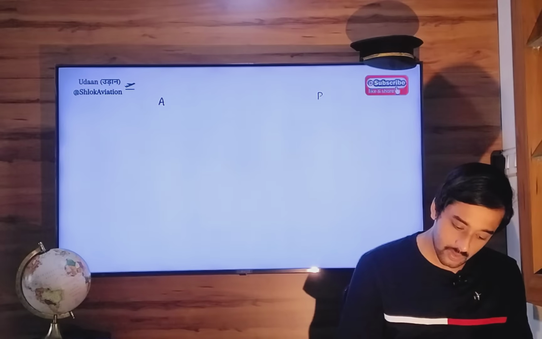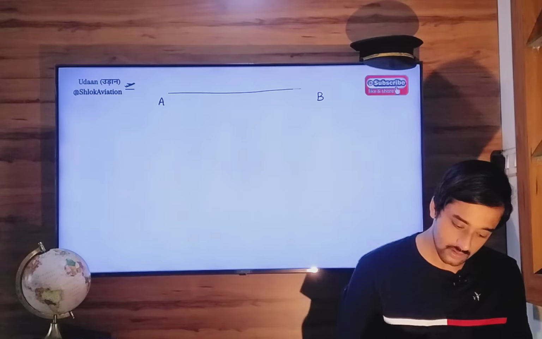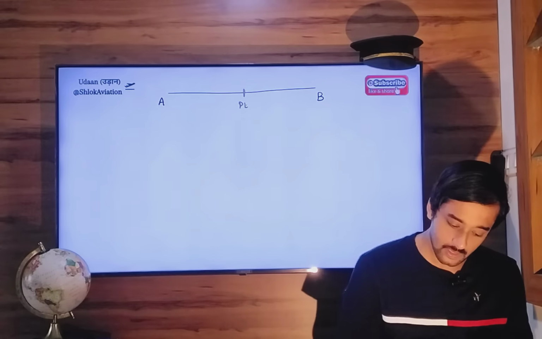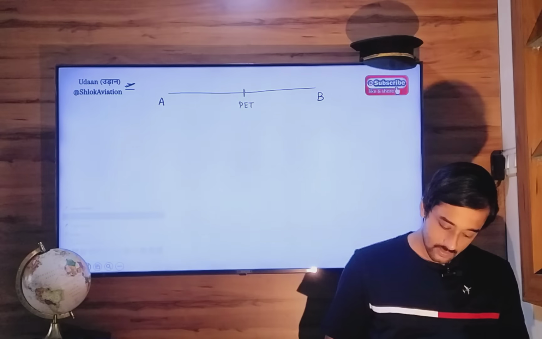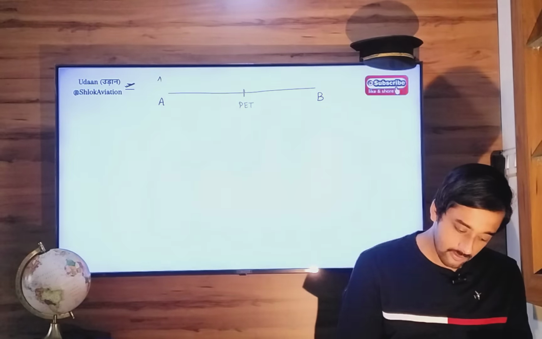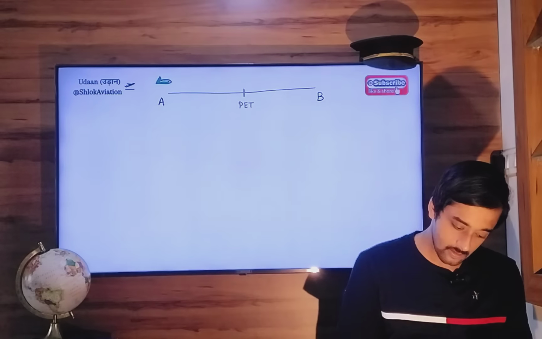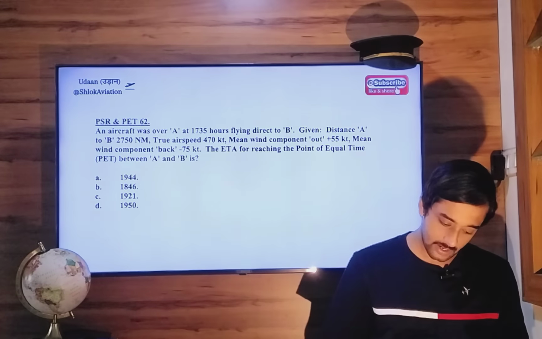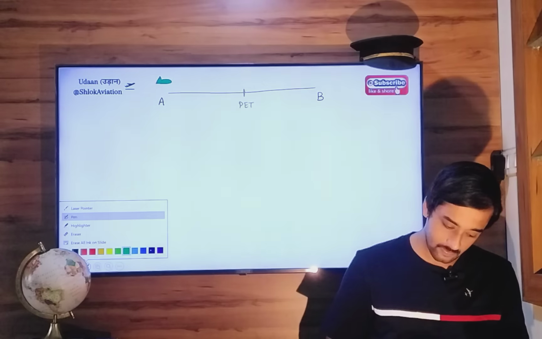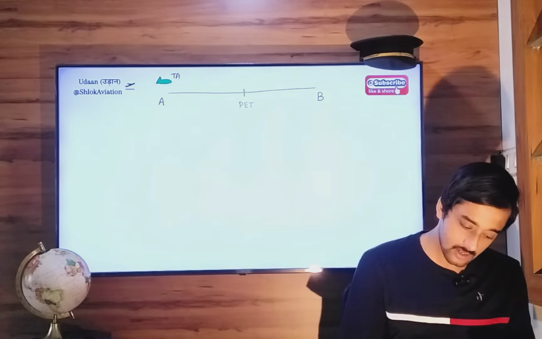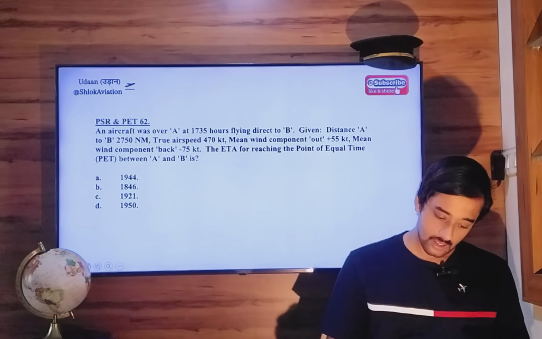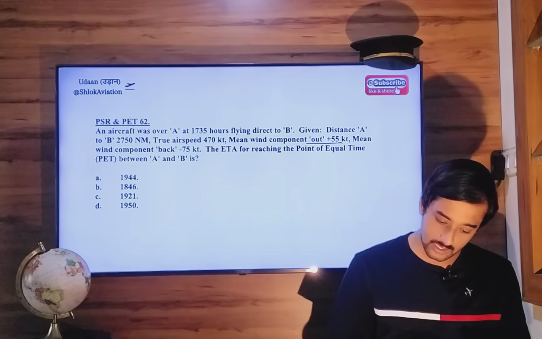So this is your A, this is your B. Here is your point of equal time. Here is your aircraft. The true airspeed of your aircraft is 470. Wind component outbound is plus 55.